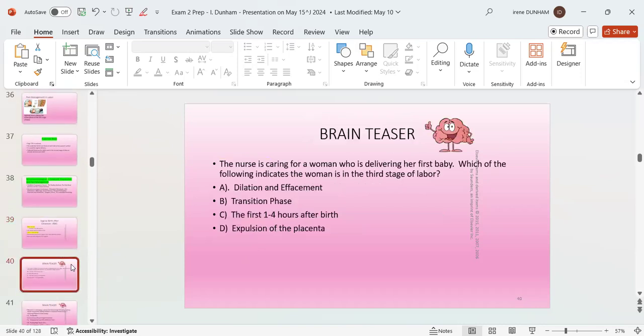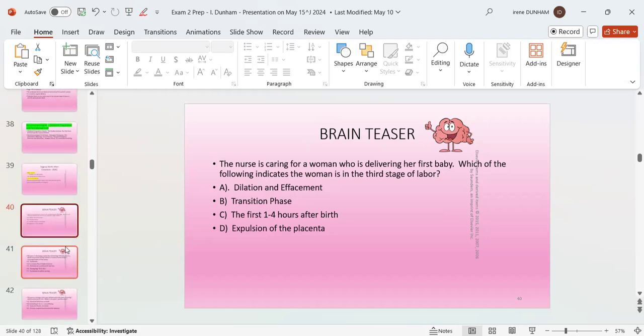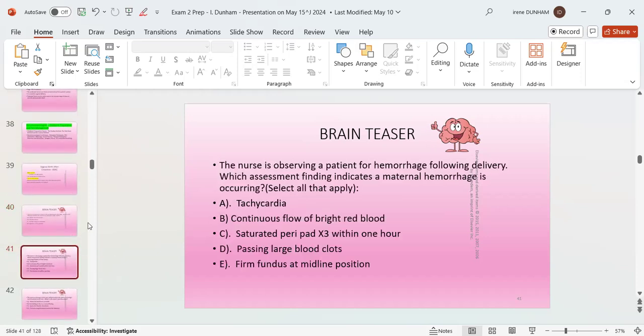All right. So here's a brain teaser. You ready? The nurse is caring for a woman who's delivering her first baby. Which of the following indicates the woman is in the third stage of labor? D. Good. Notice how those questions are worded. The nurse is observing a patient for hemorrhage following a delivery.